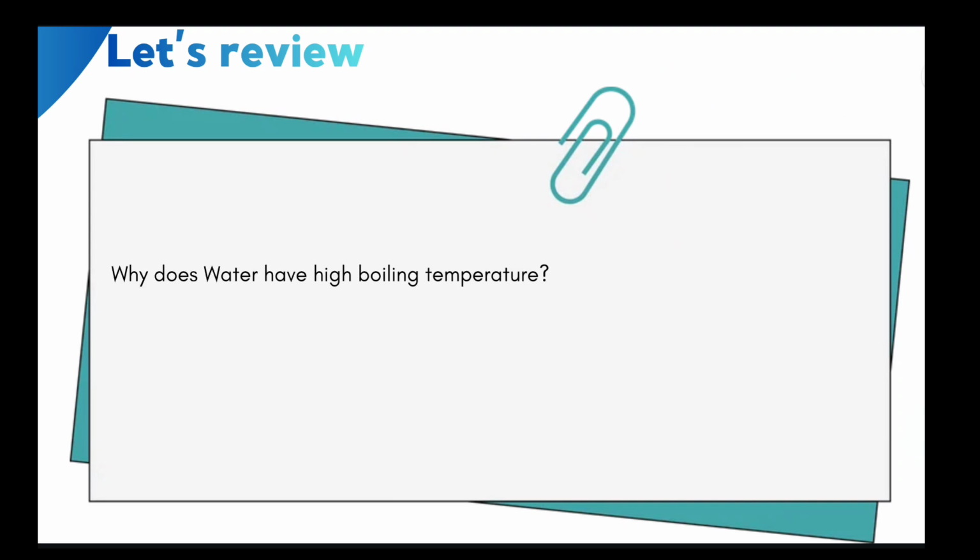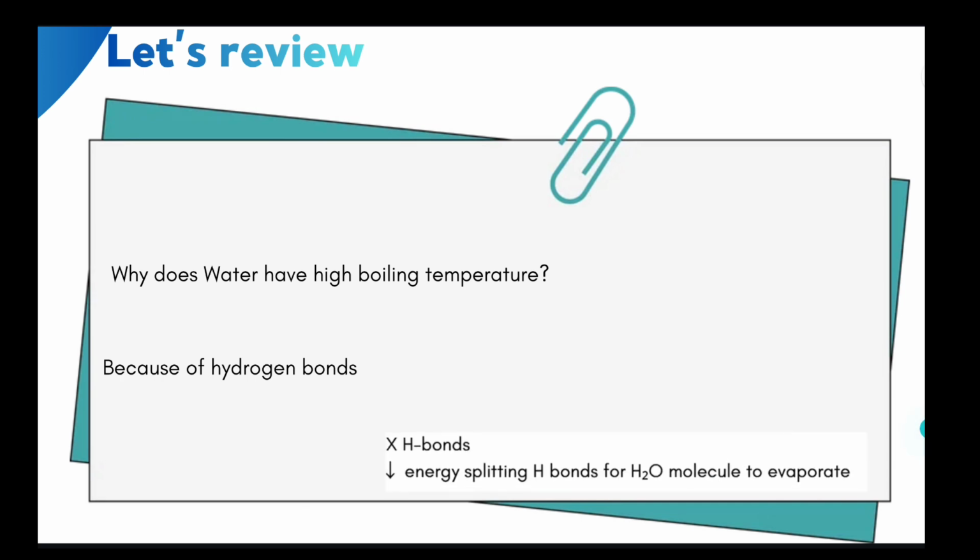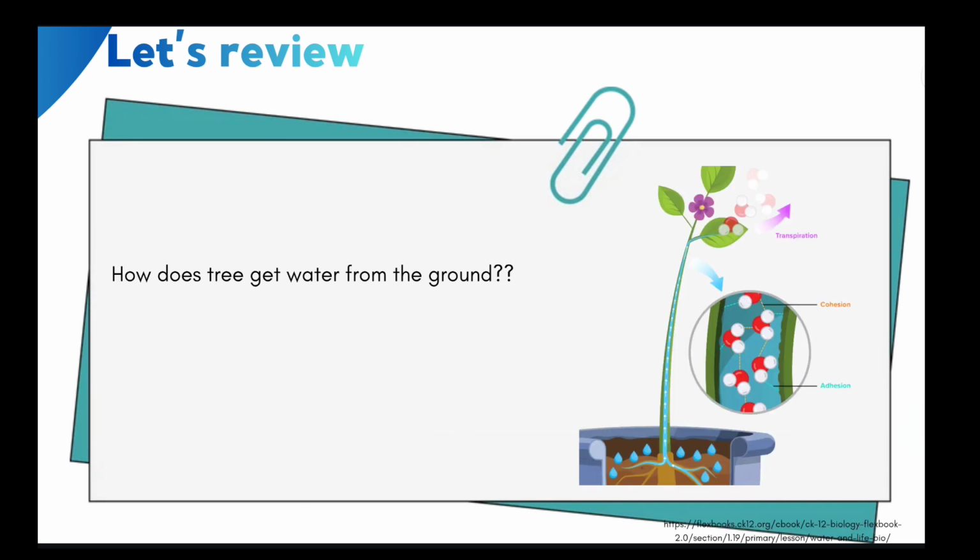Why does water have a high boiling temperature? That's because of hydrogen bonds. And how does a tree get water from the ground? By capillary action, meaning adhesion and cohesion work together so that water can move from the ground up the tree.